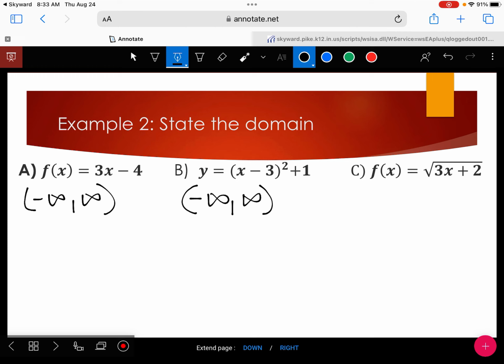Now C, we do have a square root. So when you see a square root, you take what's underneath and set it greater than or equal to 0. Go ahead and solve that for x. You do get a fraction, and then write it in interval notation.